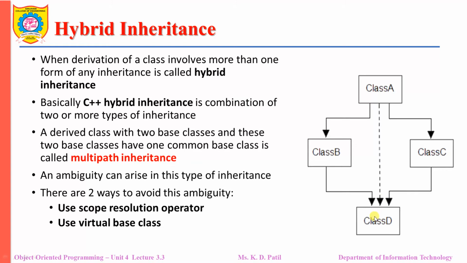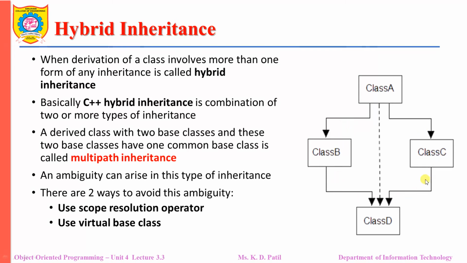If you observe the other path, class D is inheriting the properties from class C, and ultimately it is also inheriting the properties from class A, as class C is inheriting the properties from class A. So class D is inheriting the properties of class A through class B as well as through class C, and that's the reason it is referred to as a multipath inheritance, as class D is inheriting the properties of class A through multiple ways.